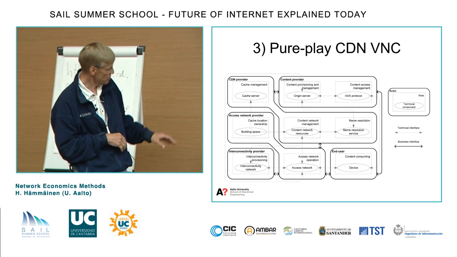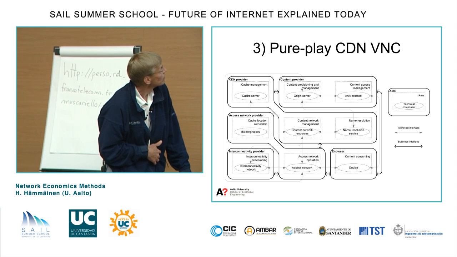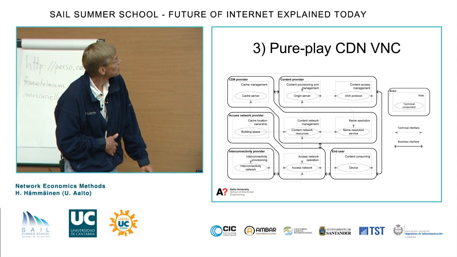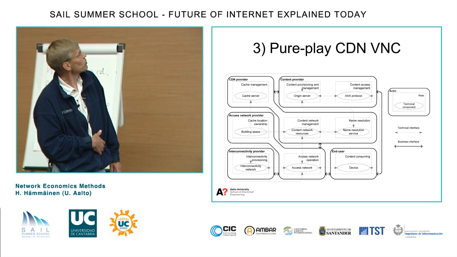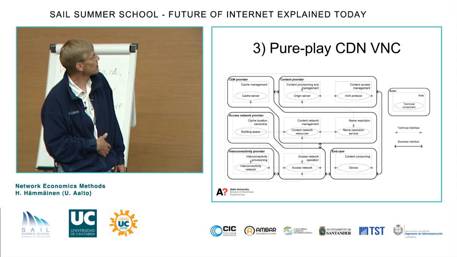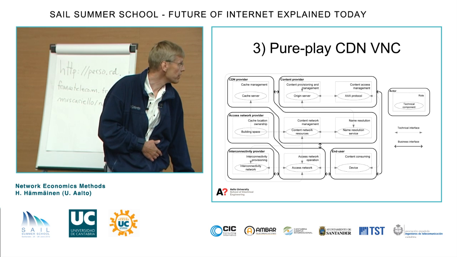This is a little bit smaller setup here, when we have a virtual CDN value network configuration. Then if we move to pure play CDN, then the access network provider is even smaller in number of key roles.